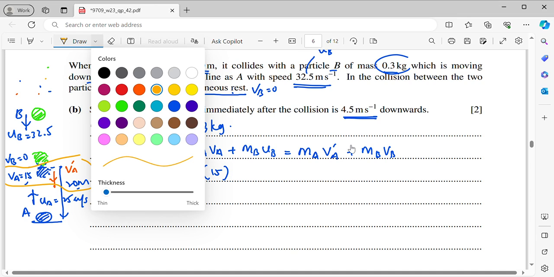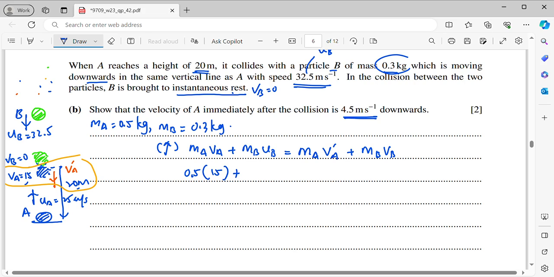Then the MB will be 0.3, then the UB is 32.5. But now you see I'm considering upwards, so this UB becomes negative because it is downwards. So be careful with this. That equals MA is 0.5, VA prime, we have no idea what that is, then plus MB is 0.3, but then VB is 0.